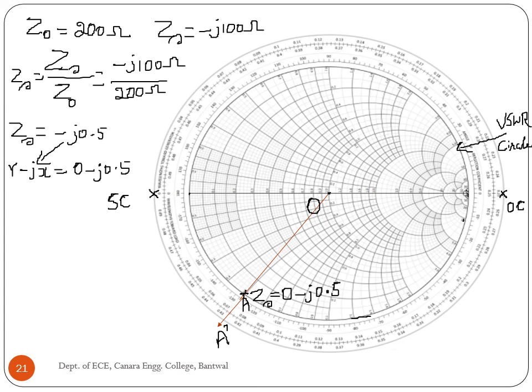From the short circuit point, the number of wavelengths up to point A dash is measured moving in a clockwise direction along the periphery of the chart, from the short circuit point towards the generator.